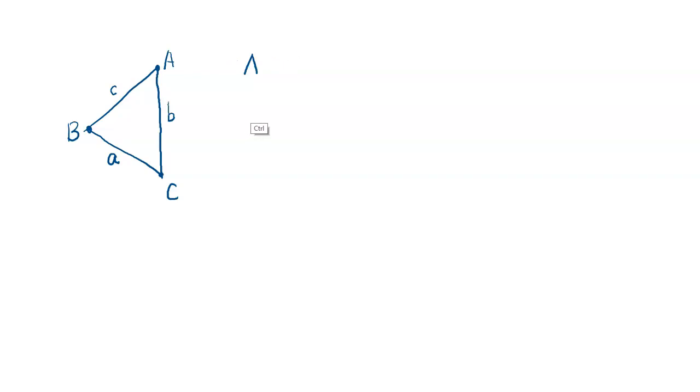So angle A plus angle B plus angle C is 180 degrees. That's something that probably everyone knows, right? The internal angle of a triangle is 180.